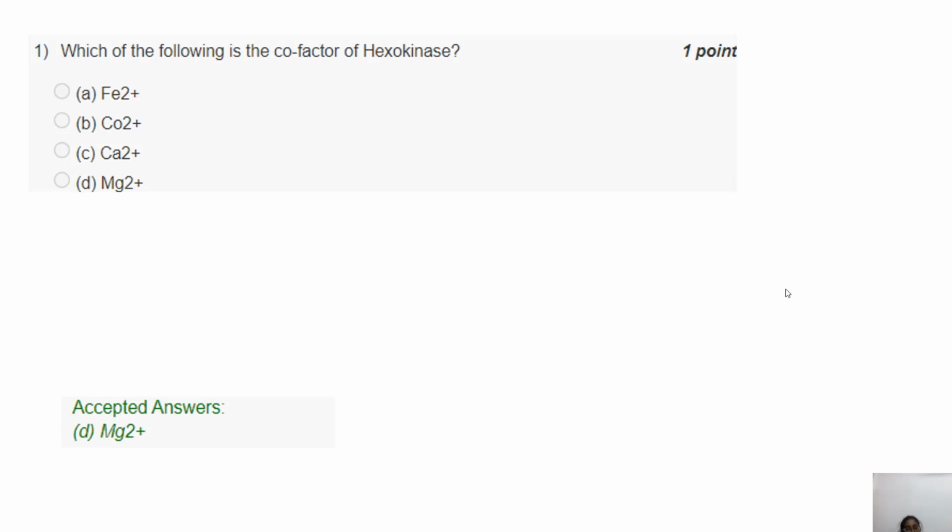Does anybody have any question or doubt regarding this question? If yes, then we can continue the discussion. Otherwise, we can stop the session for today.